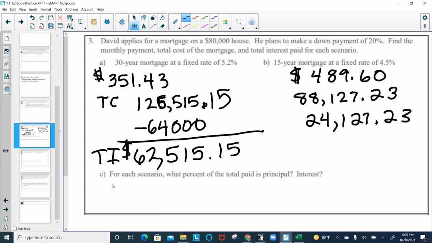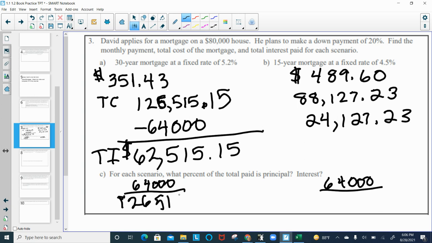So part C says, for each scenario, what percent of the total paid is principal? Okay, so principal for both of them is $64,000. So I'm going to put that in the numerator. But the total paid, the total cost of it, drastically varies.